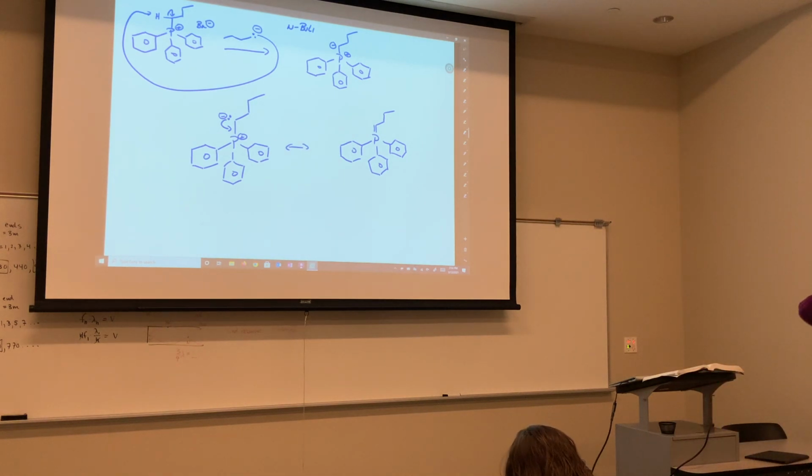Because what happens when you put a negative and a positive together? You make a neutral species, right? So if you're like, well, I don't believe you, Dr. Hayes, we'll go through and do the formal charges on this. You'll see if you have 5 bonds to a phosphorus, you don't have a formal charge on it anymore, right? I mean, the same would be true for nitrogen.